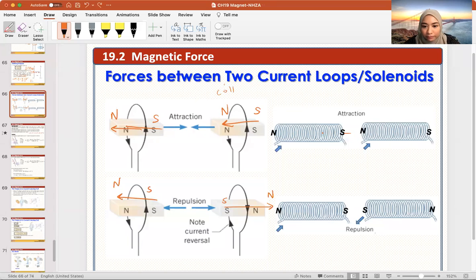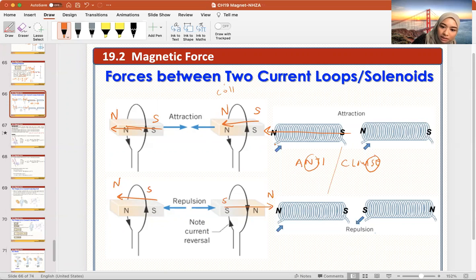So here we have the direction this way. We talked about if anti-clockwise, it should be north. Let's see if it's right. Anti-clockwise should be north, clockwise should be south.